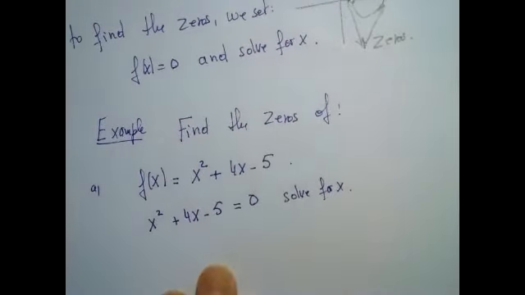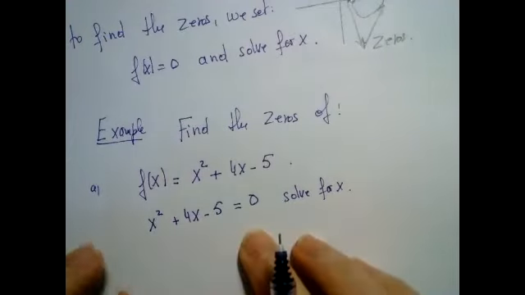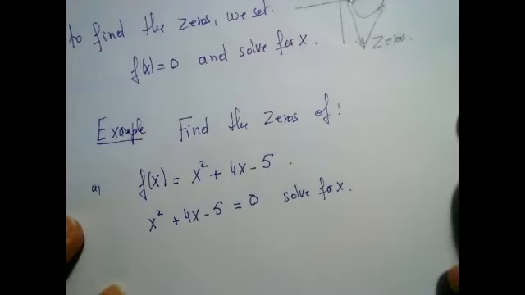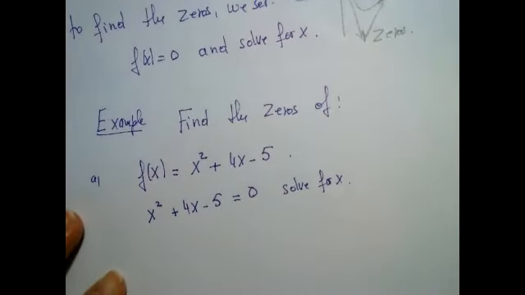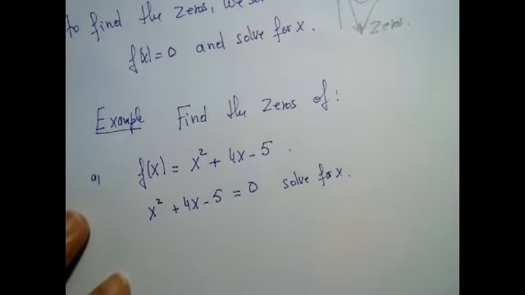Now, we've done this like a million times by now. So how do you solve this for 0 quickly, as far as we know so far? Move 5 to the other side. Add 5 to both sides.